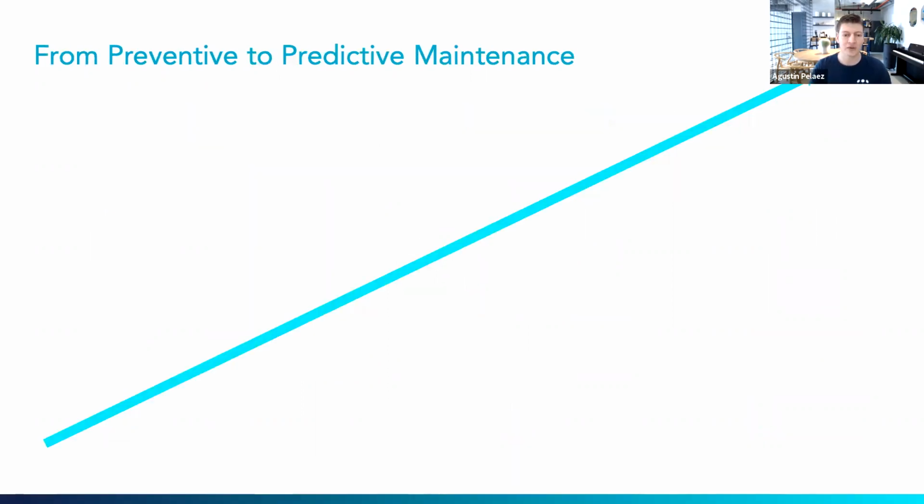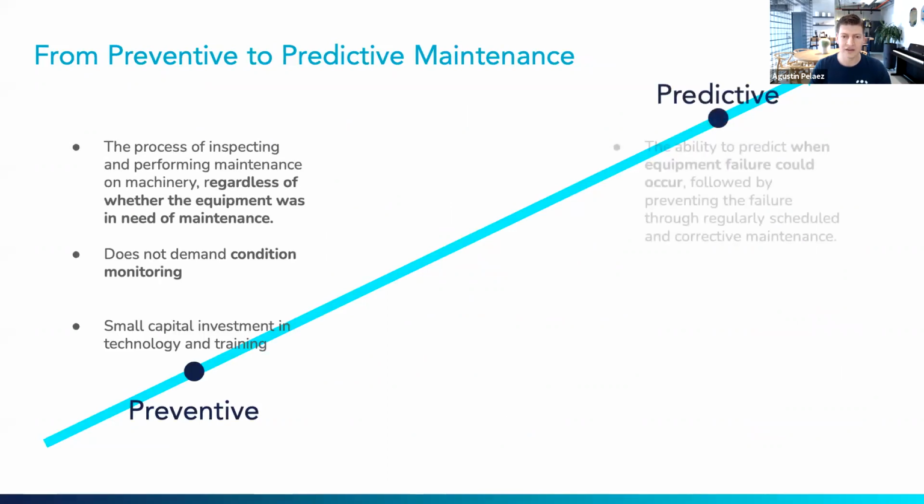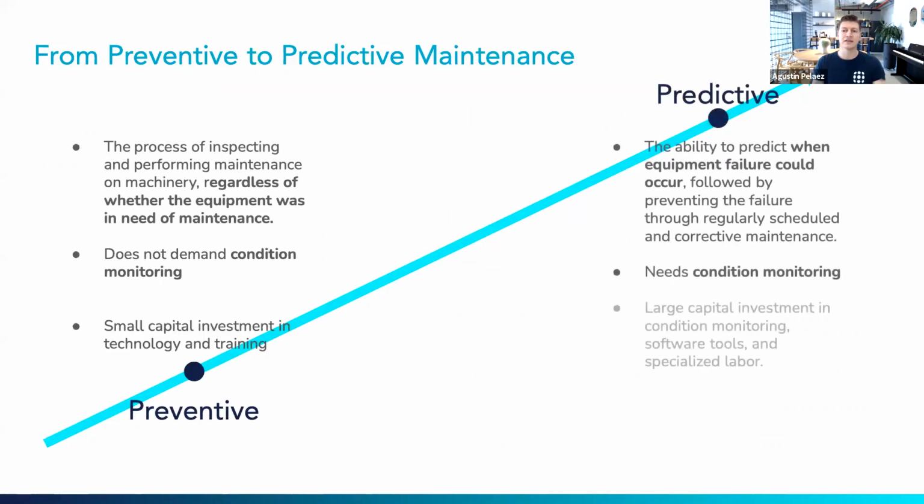So we're here today to argue that this line that divides predictive and preventive doesn't have to be a very well-defined line. There are a lot of shades in the middle. And if you look at the definitions, there is a fundamental difference between preventive and predictive, which is condition monitoring.